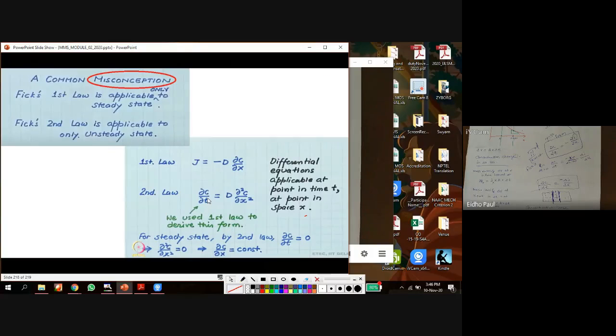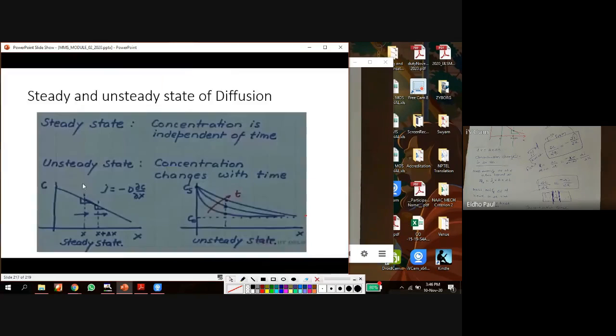time. So the objection that it is not valid when the concentration changes with respect to time does not hold, because we develop these two equations by applying instantaneous time.